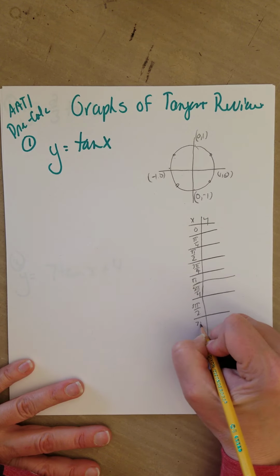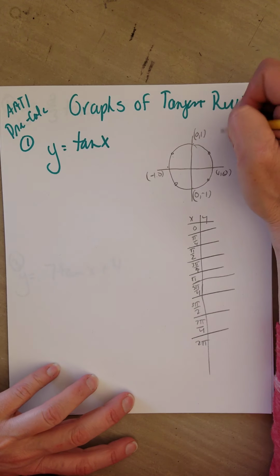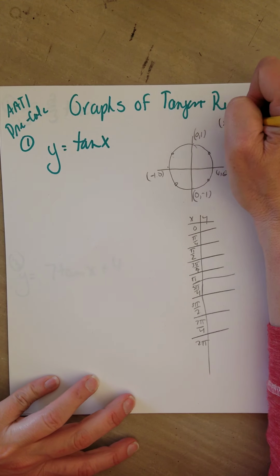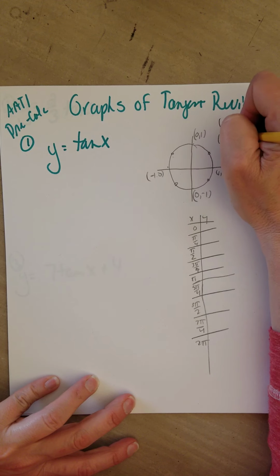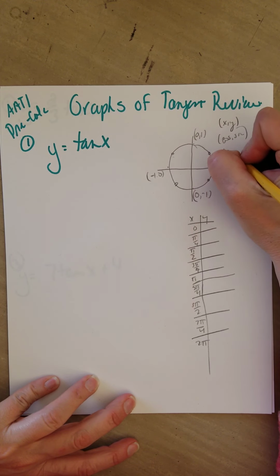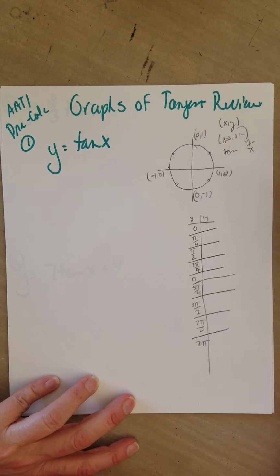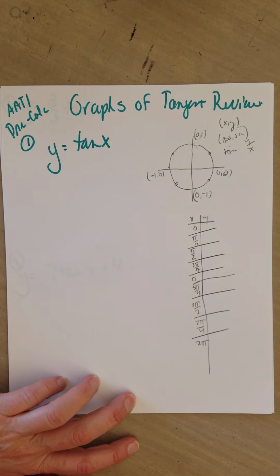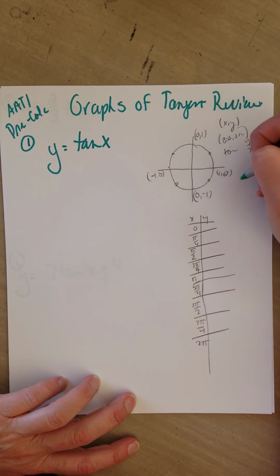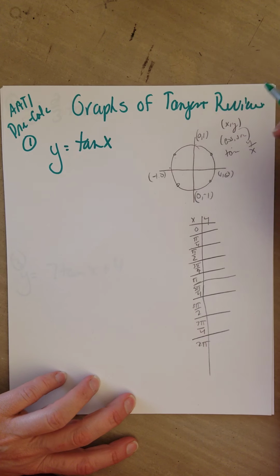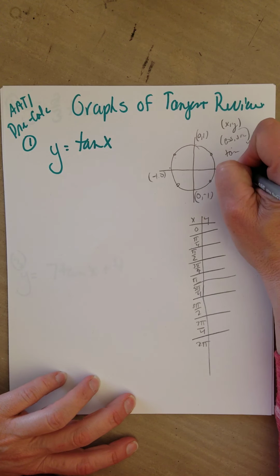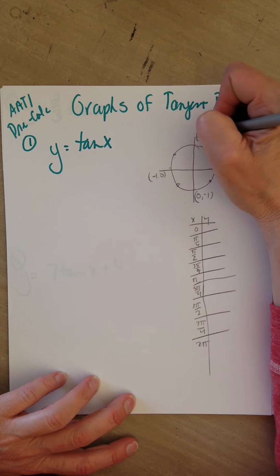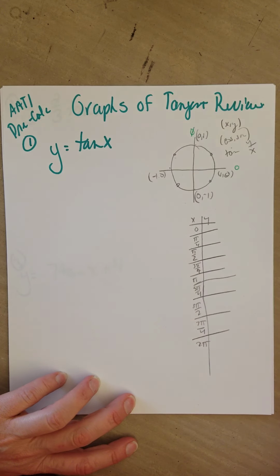All right, so the way that we found the tangent, remember for this unit circle, all points x and y go cosine, sine. Well, all the points for the tangent are going to be your y coordinate over your x. So we're going to go y over x as I go around here, and I'll use my green pen. Y over x, what's 0 over 1? That's 0. What's y over x, 1 over 0? That's undefined.